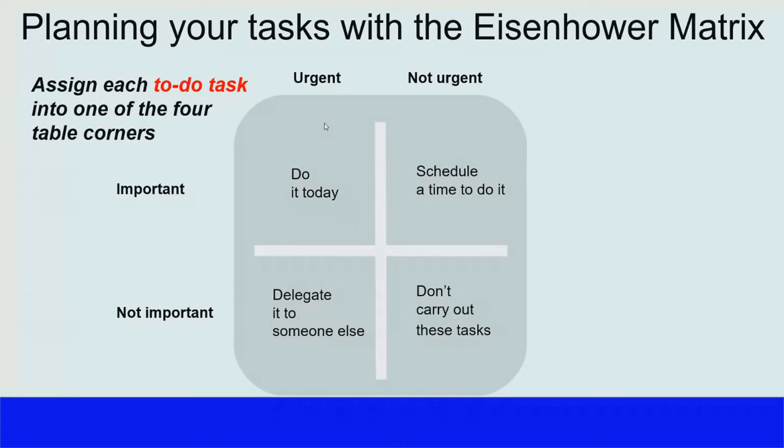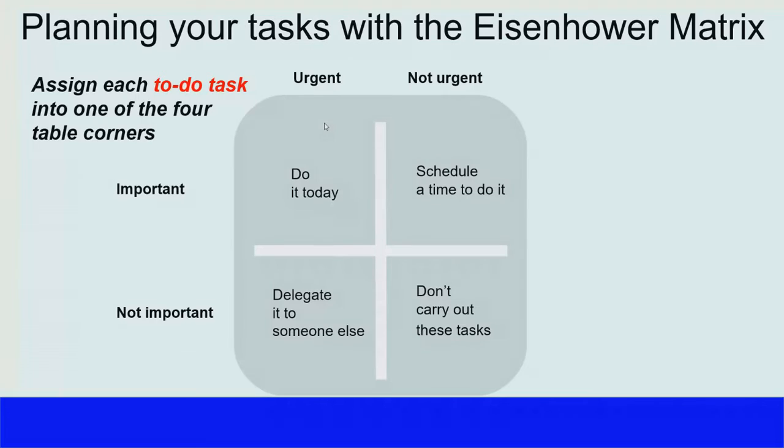When you have some very important task which needs to be done immediately, when it's urgent and important, you assign it to do today. When you have tasks which are important but not so urgent, you can schedule a time to do these tasks, which is the second entry in this table.